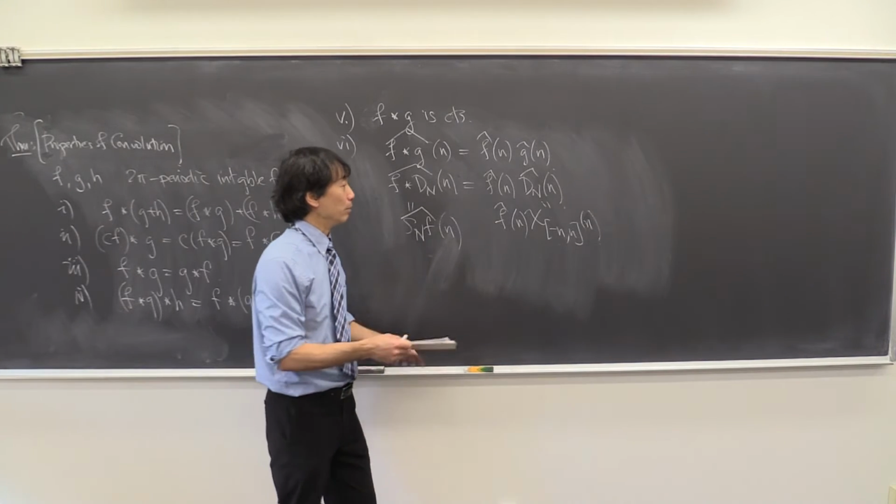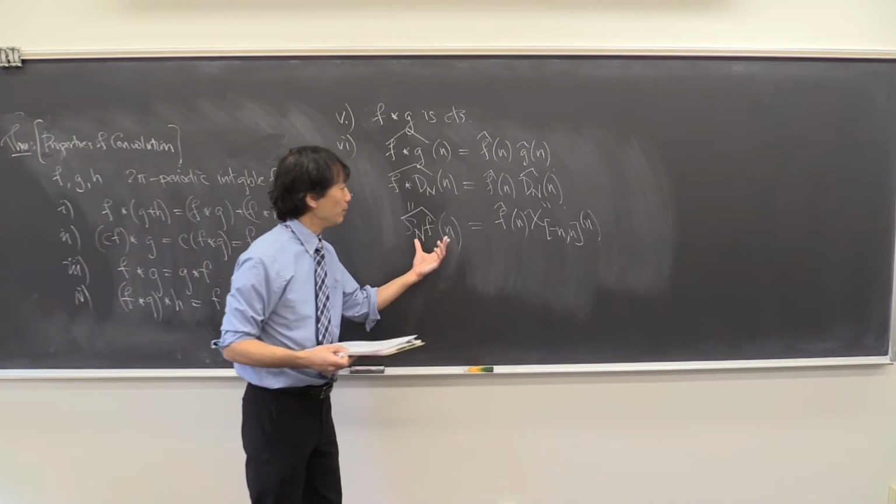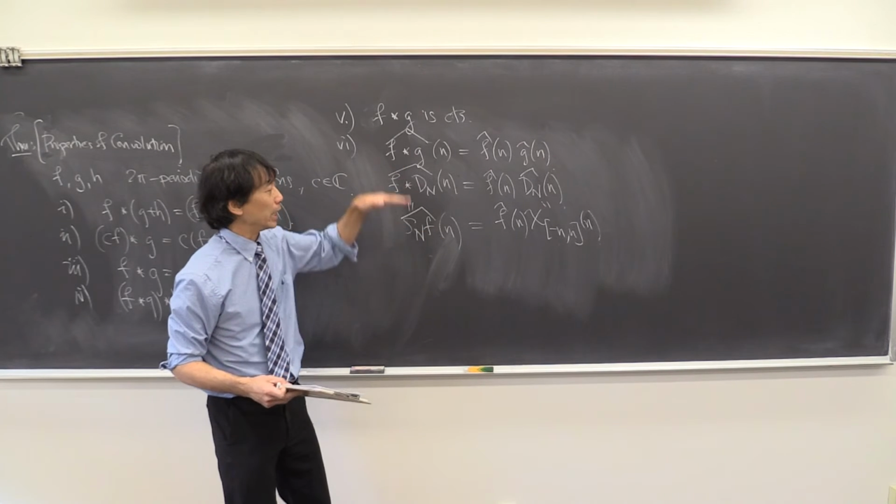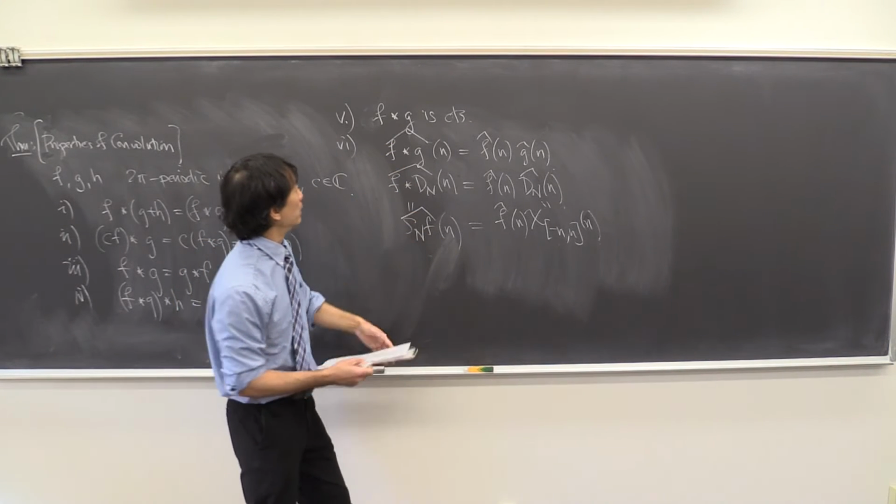Okay, so that's what the partial sum operator does, right? It says we're going to look at only the frequencies between negative N and N. So that should be a capital N.